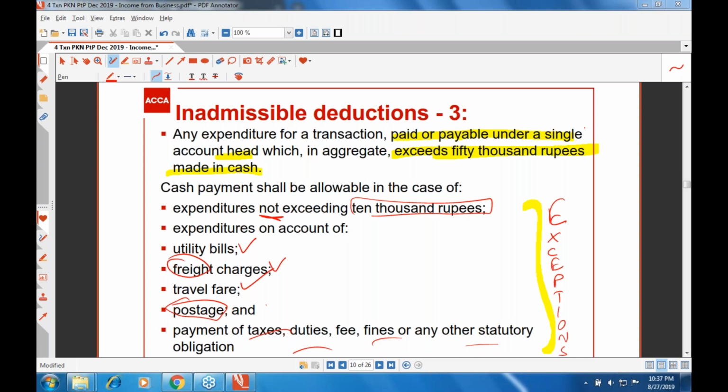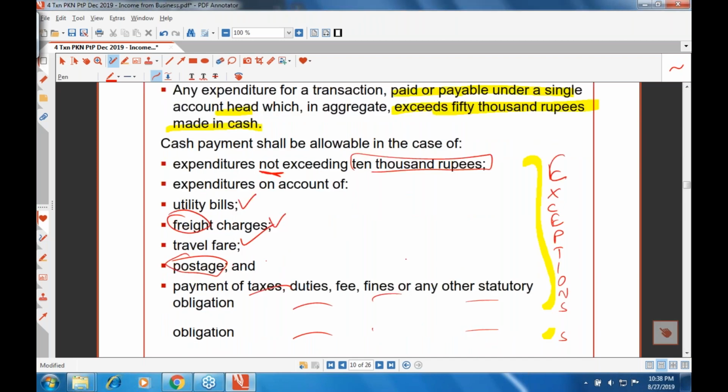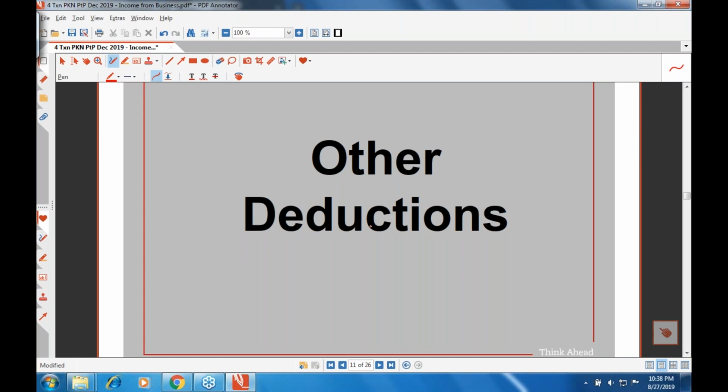Okay, so let's move a bit forward and talk about the other things. The next thing that we are going to talk about is the other deductions. So what exactly are these other deductions?